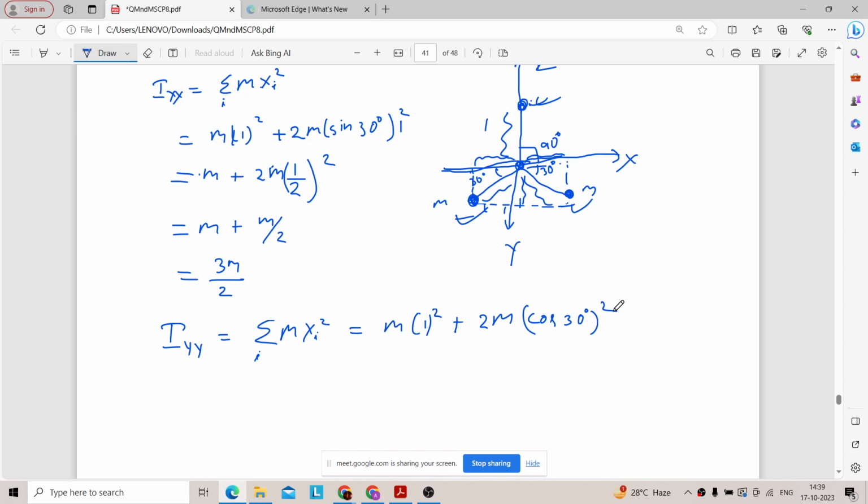The value of cos 30 is root 3 by 2, which will give me 3 over 4.